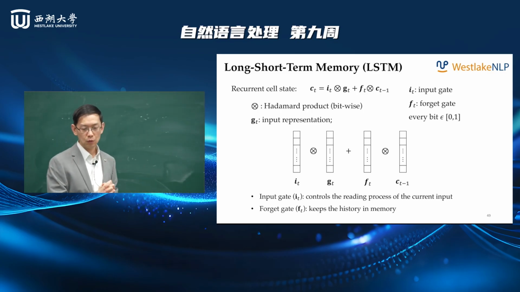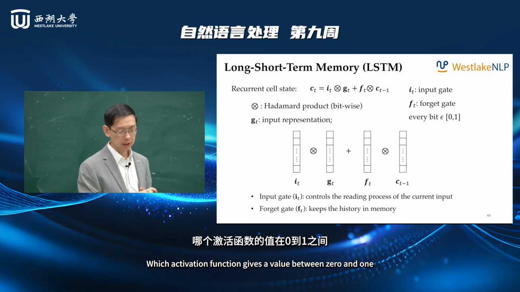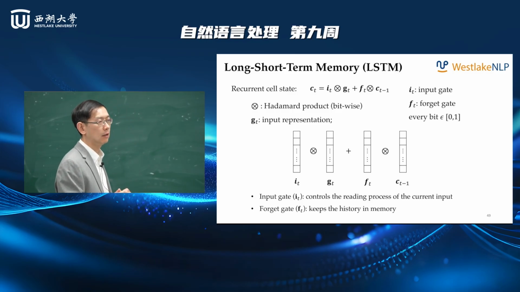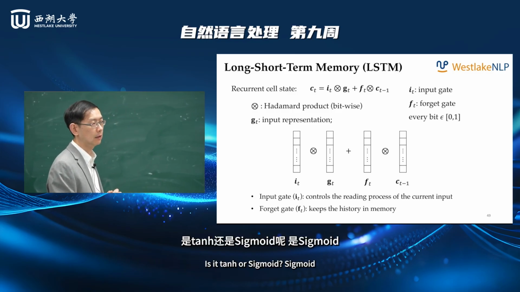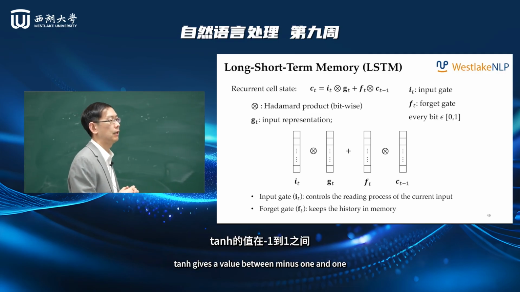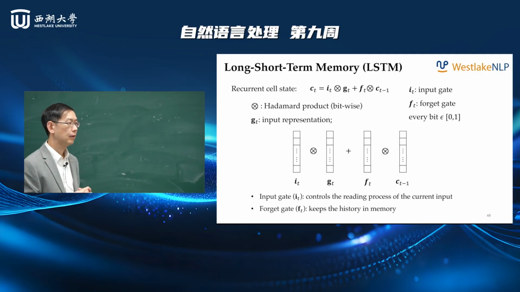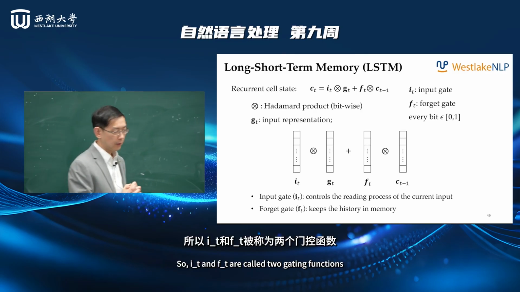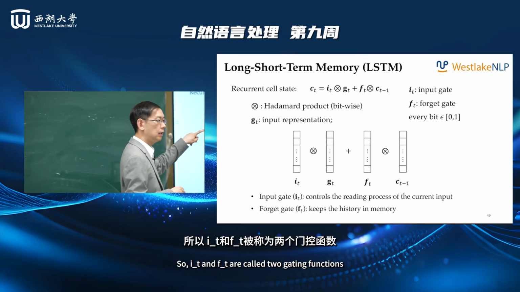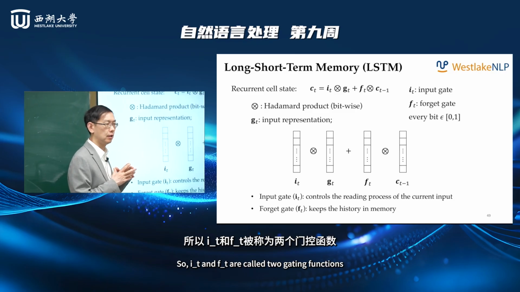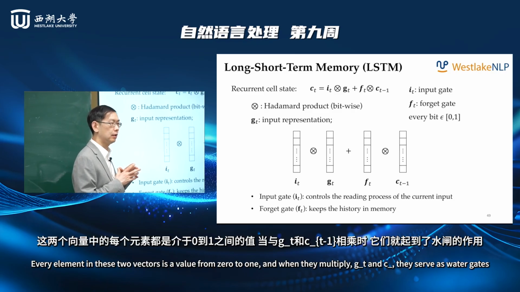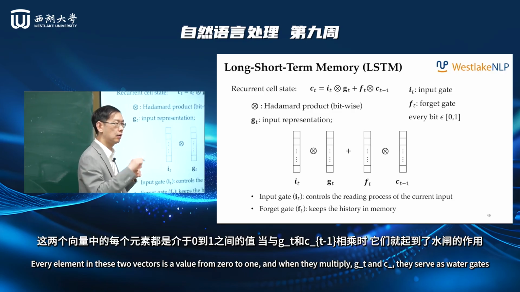Which activation function gives a value between 0 and 1? Is it tanh or sigmoid? Sigmoid, right? Tanh gives a value between minus 1 and 1. So IT and FT are called two gating functions. Every element in these two vectors is a value from 0 to 1.